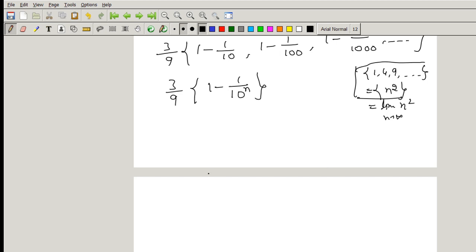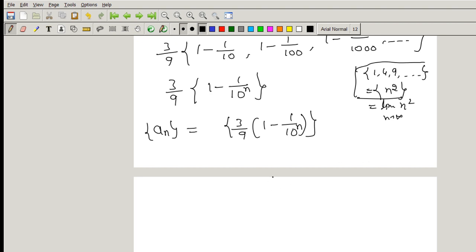If we take this sequence as an, the sequence an is 3 by 9 into 1 minus 1 by 10 power n.